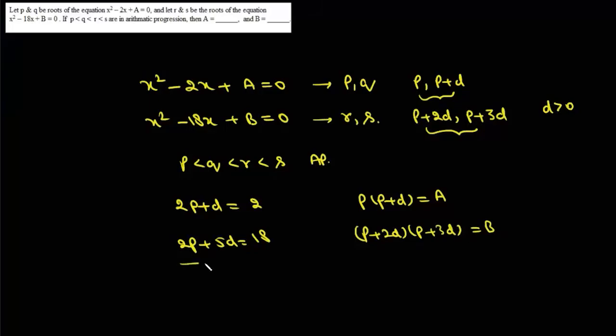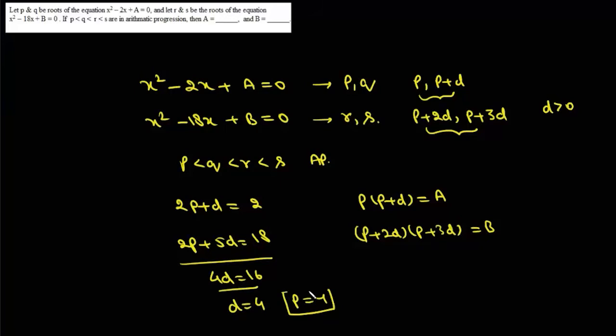Now from these two equations we can find the value of p and d. If we subtract first from second, we can write 4d equals 16. That means value of d is 4, and if we put d as 4, we'll get value of p as minus 1.